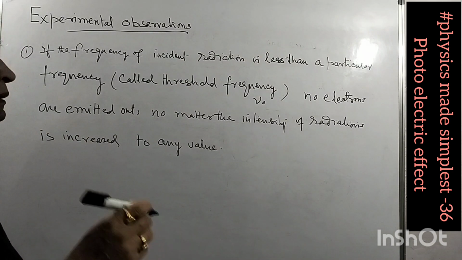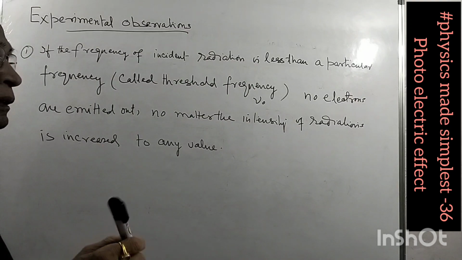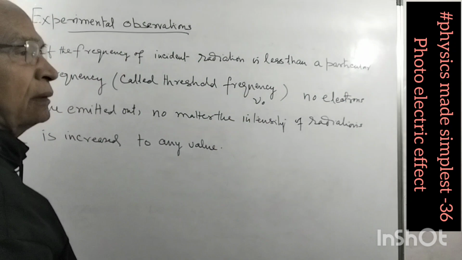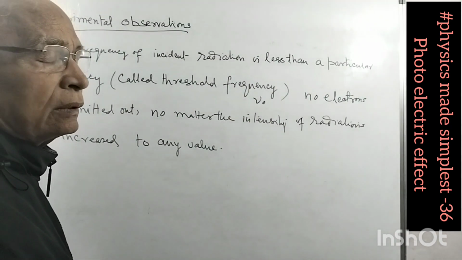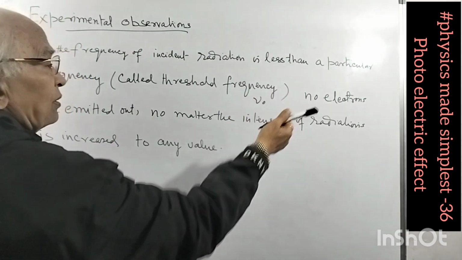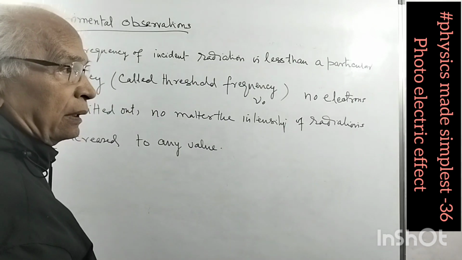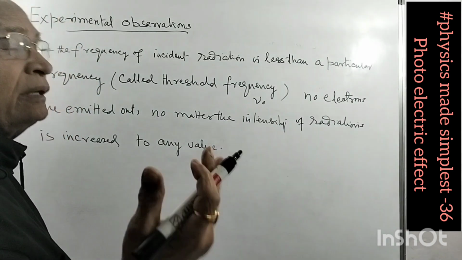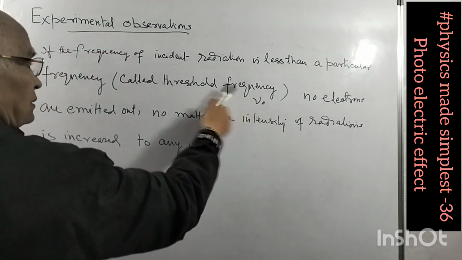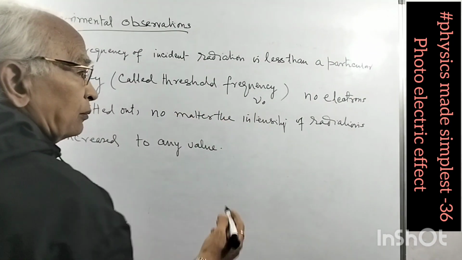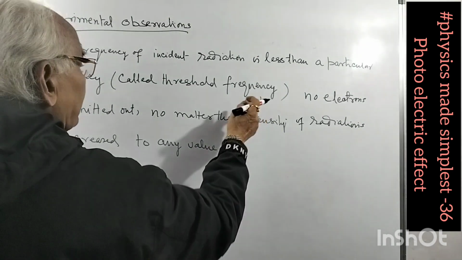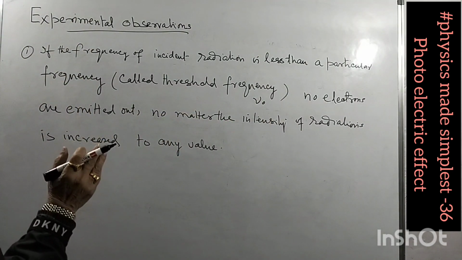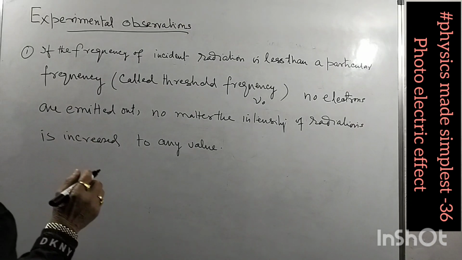It depends upon the frequency, that below this frequency you put any amount of light, photoelectrons will not come out. And above this frequency they will come out. And then you increase the intensity, then the photoelectric current will increase. But below this is called threshold, means it's starting. Below this frequency, photoelectrons are not coming out. This is the observation.